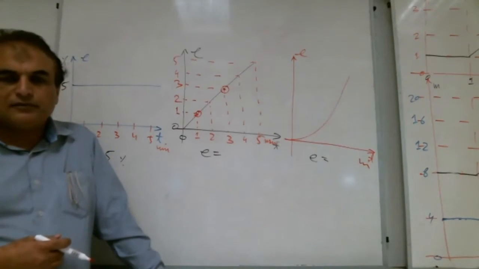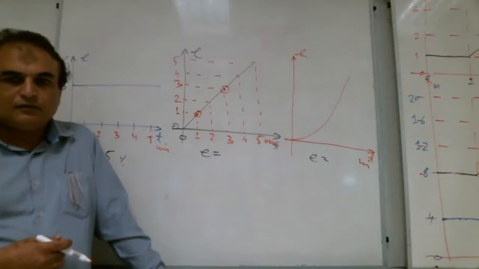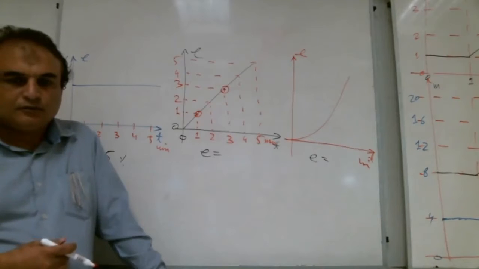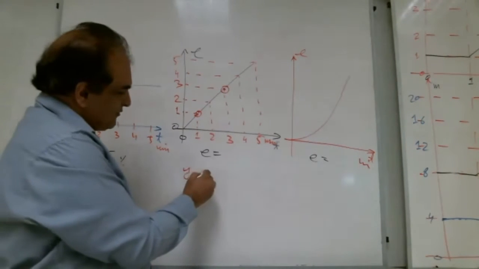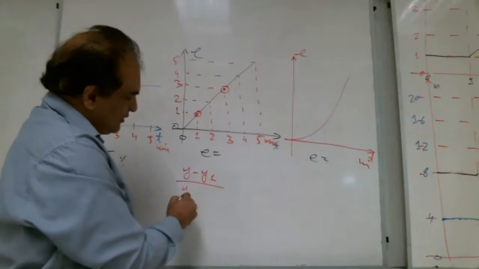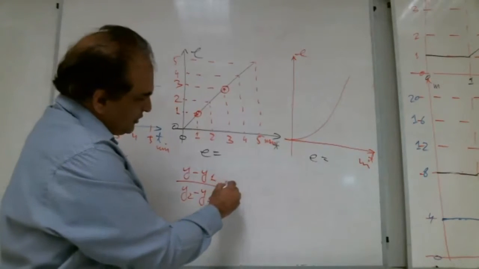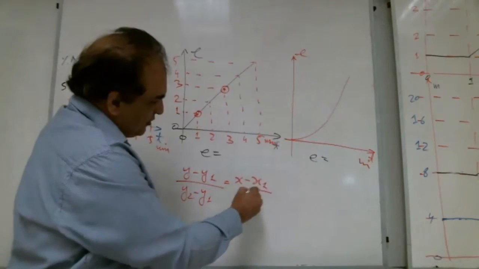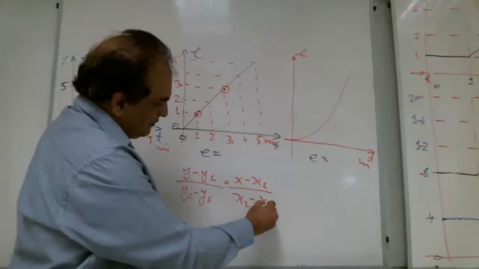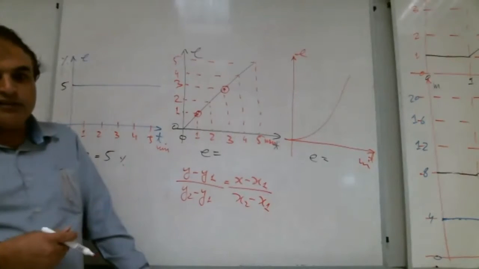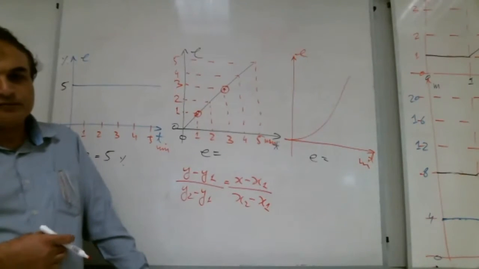Plus 1 over 3 minus 1 would be 1 over 1. If you apply this equation, what do you get? Error.